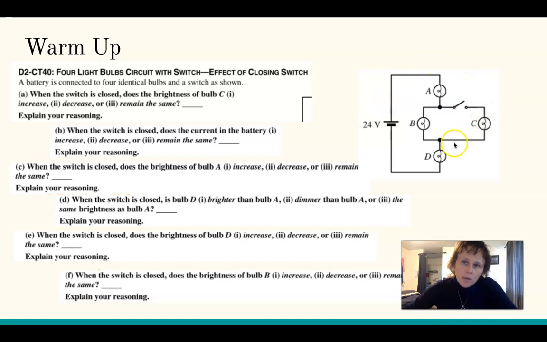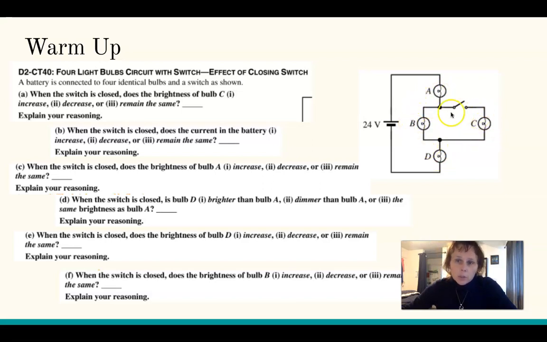And the reason for that is that when the switch is closed, the 2 bulbs B and C are connected in parallel. Therefore, their equivalent resistance decreases. Bulb A, the equivalent bulb for B and C, and D are connected in series, and their resistances add up.